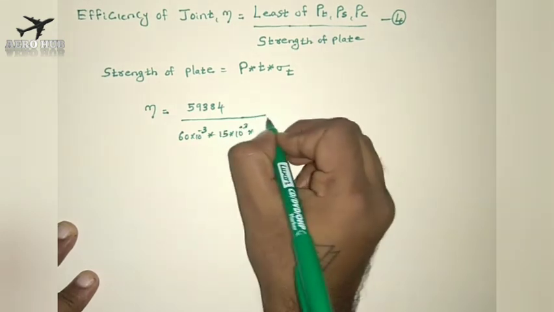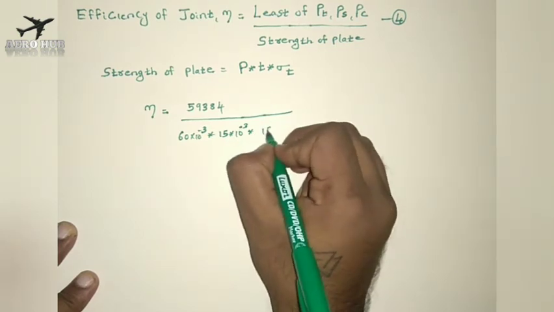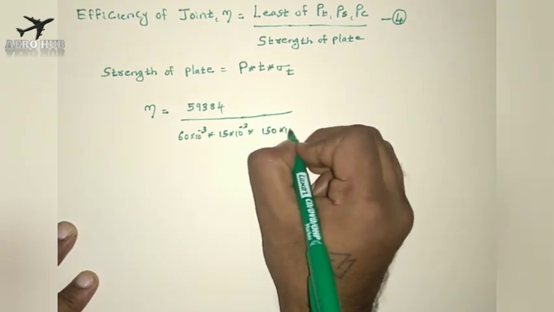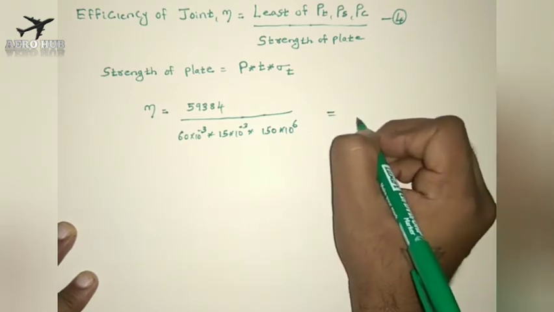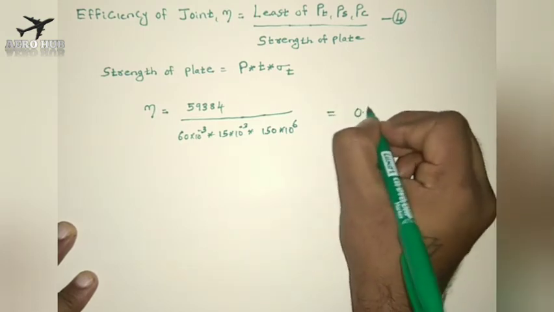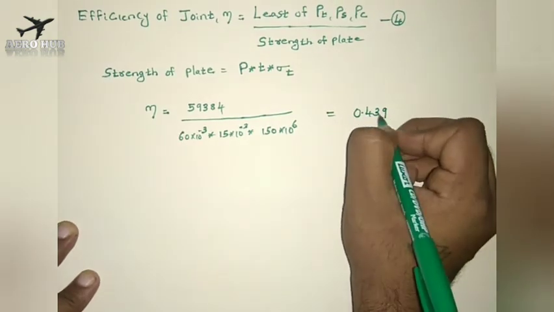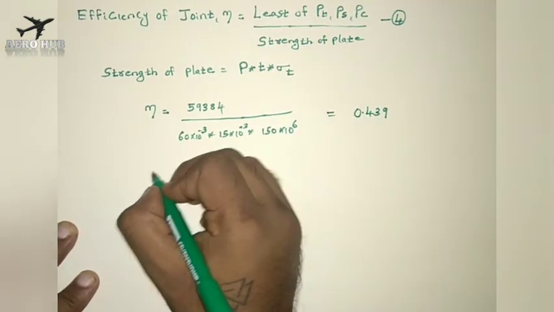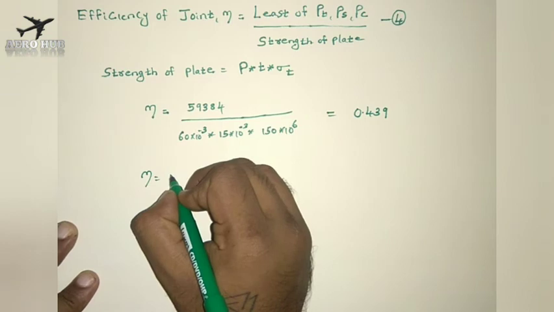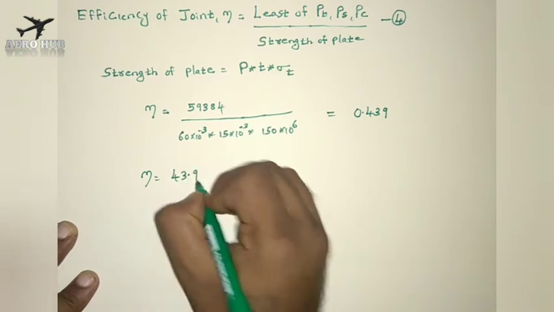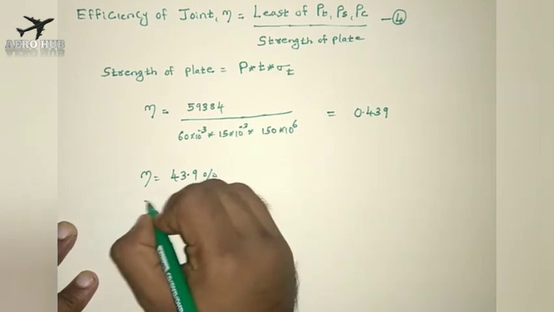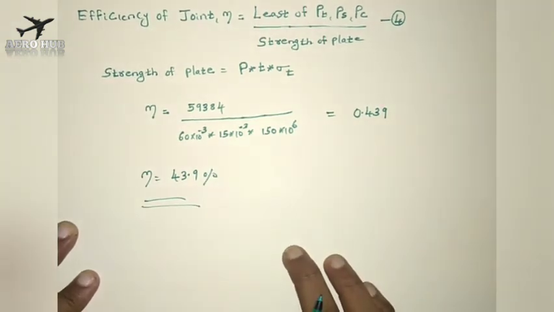And the value of sigma t is given as 150 megapascal, it will be 150 into 10 power plus 6. So I'll be getting a value of eta, that will be 0.439. This is the value of efficiency, and when I multiply by 100, I will get the efficiency as 43.9%.